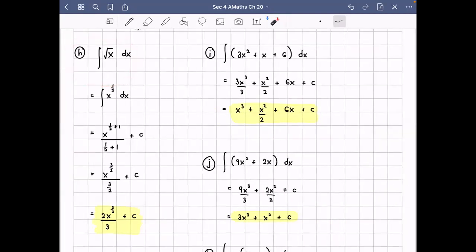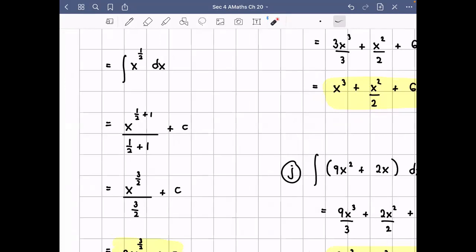What if we have a surd, or root of x? The antiderivative of the root of x is equal to, so what do we do first? We rewrite this. It becomes x raised to 1/2 with respect to x. Let's apply the rules we have.